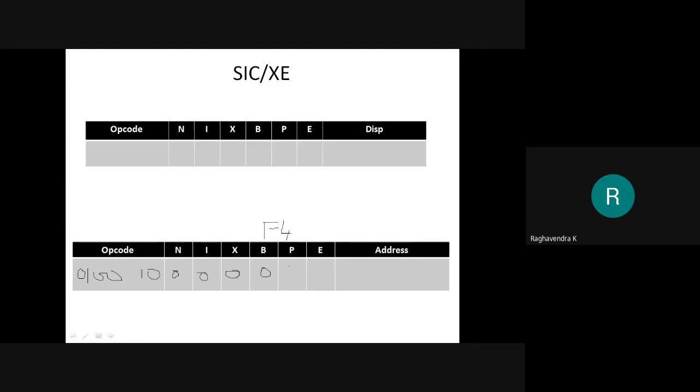I'm not using PC also because it's direct addressing. I'm using extended format, so I will mark this as 1. And as usual, in case of SIC/XE, if indirect or indexed is not used, you have to set it to 1 1. Remember this.